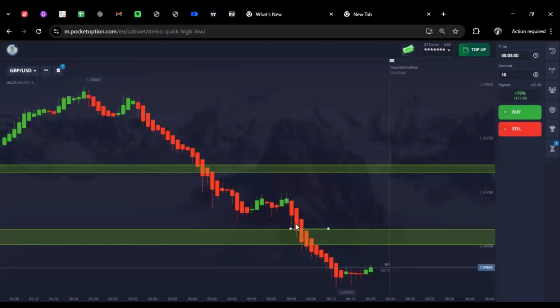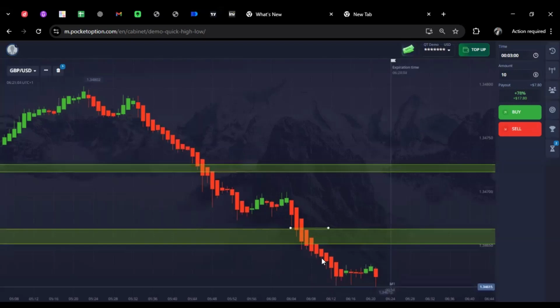You took a sell from here, right? 1, 2, 3. Nice and clear. Assuming you took another 3 minute sell from here, 1, 2, 3, cleared. At this low, 1, 2, 3, cleared. At this low, it's just crazy.